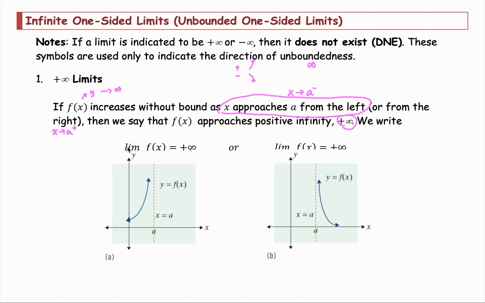The notation is the limit of f of x as x approaches a from the left equals positive infinity. Another way to say it: when x comes toward a from the left side, x is less than a, and y increases without bound, approaching infinity.